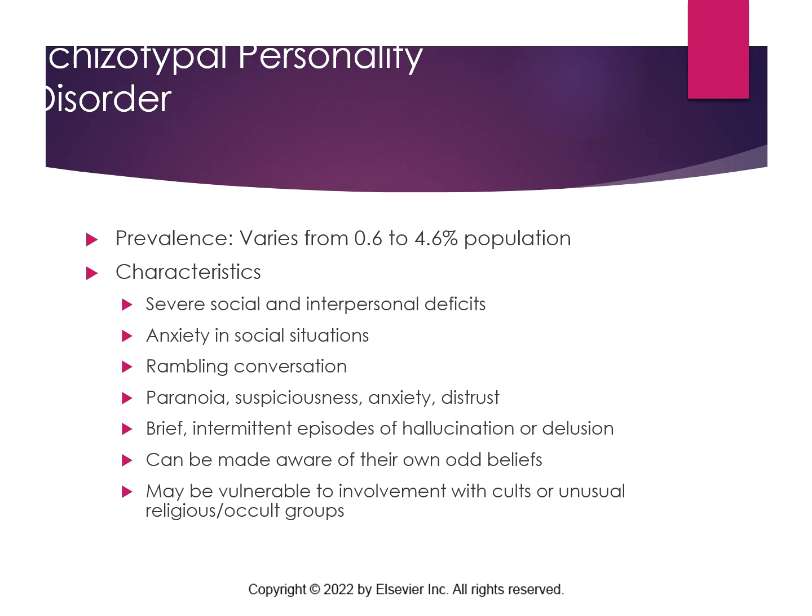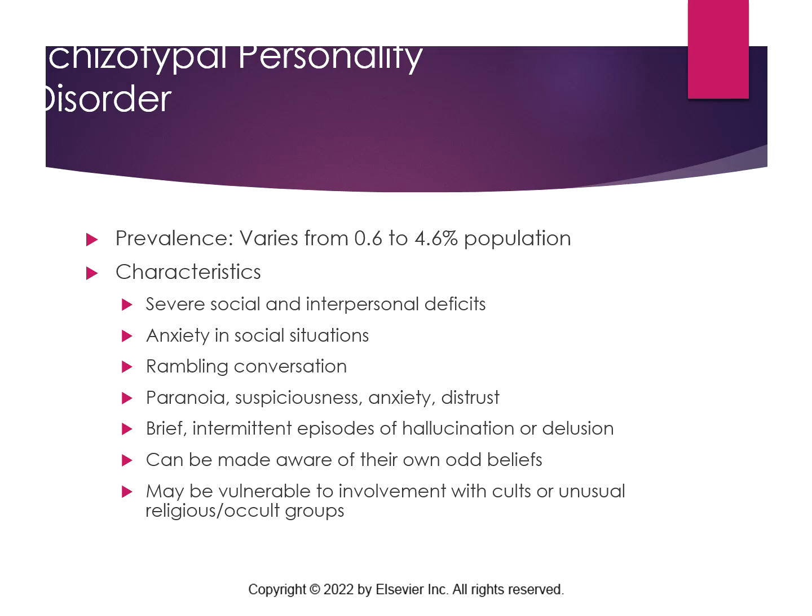For the prevalence of schizotypal personality disorder, it varies from 0.6 to 4.6% in the population, and the characteristics are severe social and interpersonal deficits, anxiety in social situations, rambling conversations, and paranoia, suspiciousness, anxiety, and distrust.